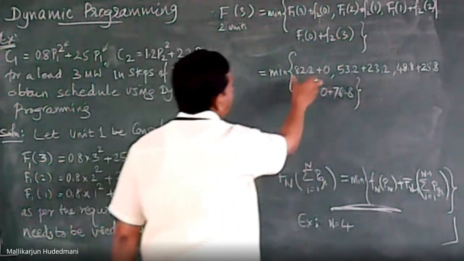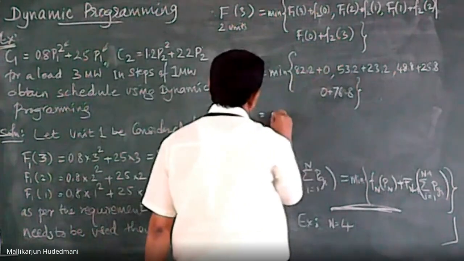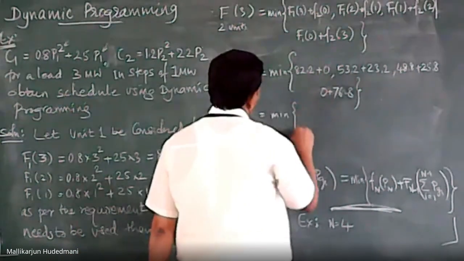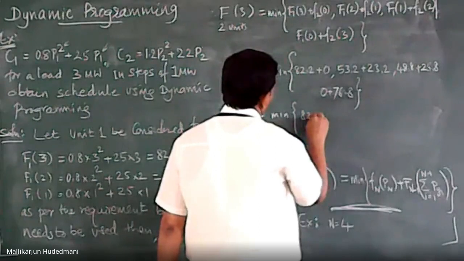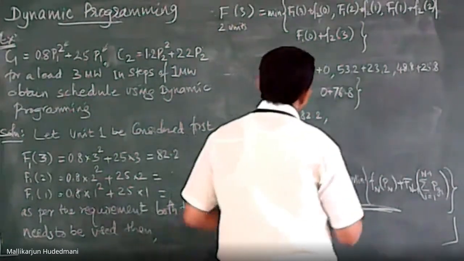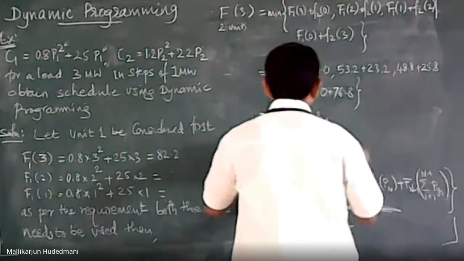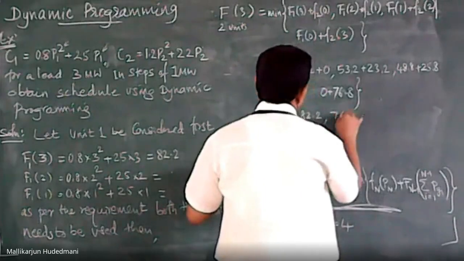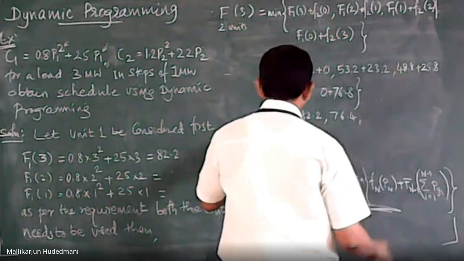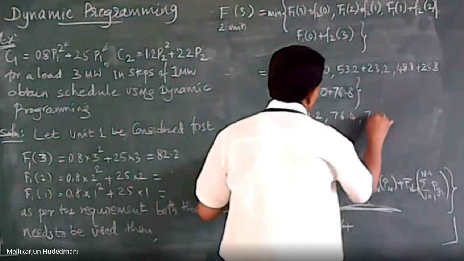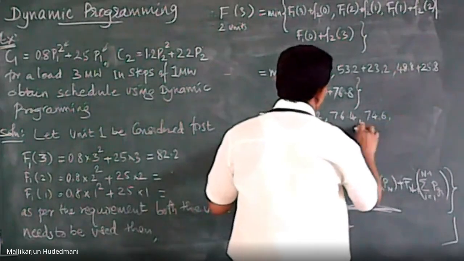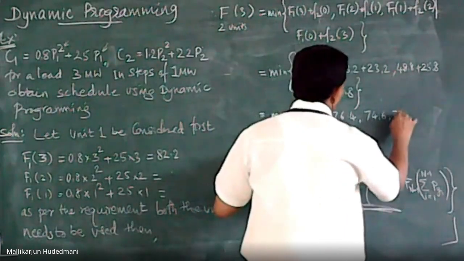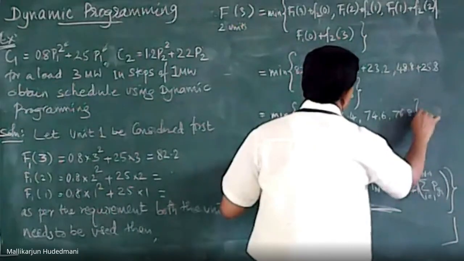Now when I minimize, this term is equal to the minimum of 82.2, the first term. The second term I think gets computed as 76.4. The third term 74.6. The fourth term leads to 76.8.